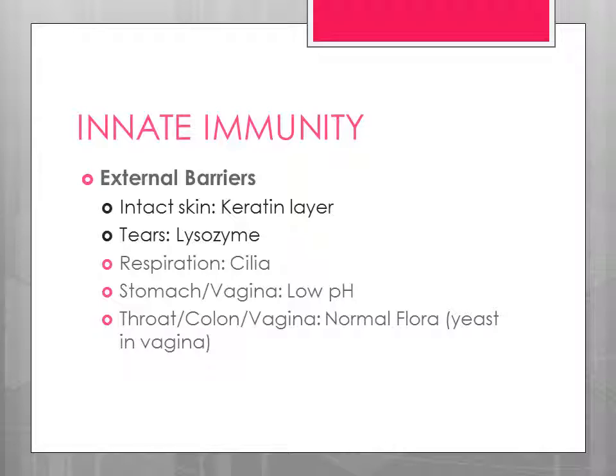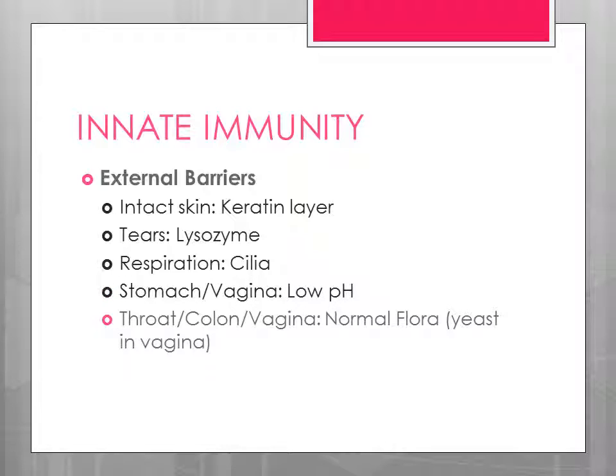In your respiratory tract, you're going to have cilia, meaning hair-like projections. These are also present on other mucous membranes in the body, and these are very, very important. Basically, they're going to trap anything that's foreign, and they're going to try to get it out. That's why you cough, or that's why you sneeze. The cilia come into play here.